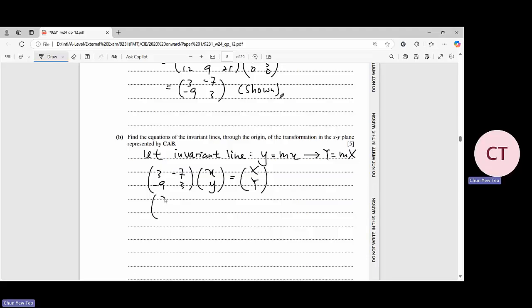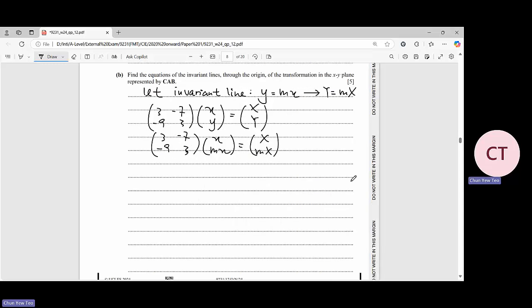So that means this matrix 3, negative 9, negative 7, 3, times (x, mx) is equal to (x, mx). Expand, you will get 3x minus 7mx equals x. Then negative 9x minus 3mx equals mx.